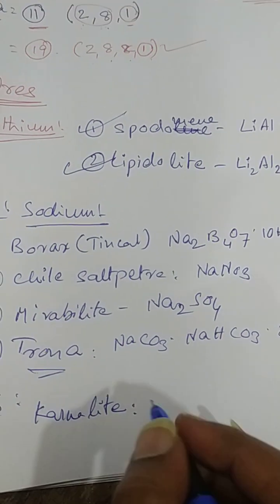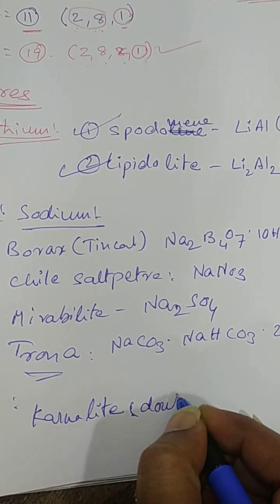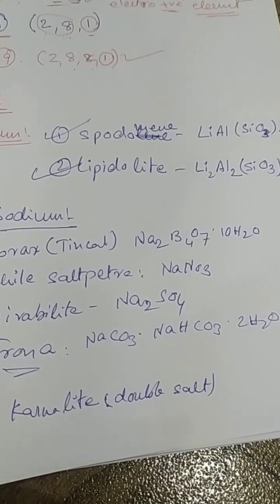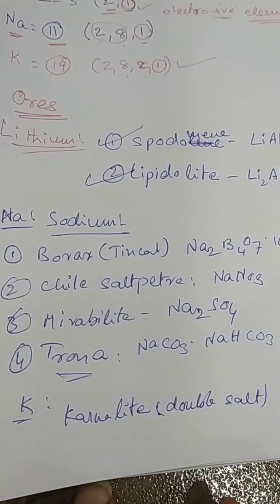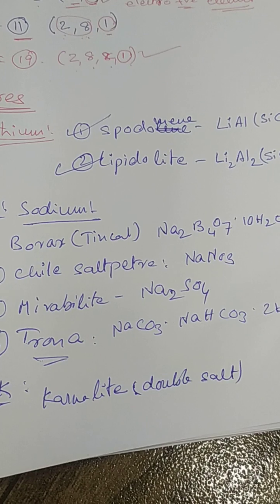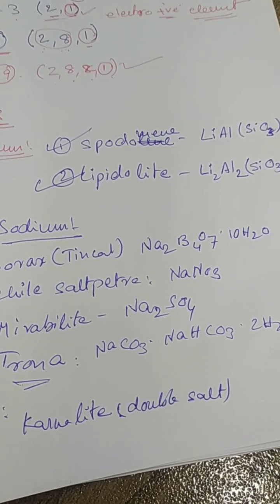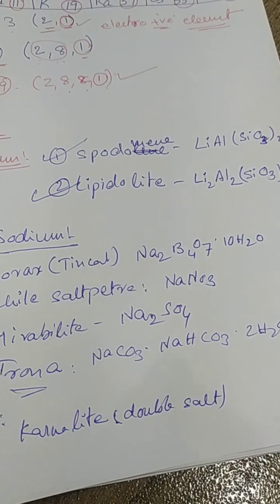This is an important question, and many times it was asked in entrance exams. The combination of potassium chloride and magnesium chloride is called carnallite.